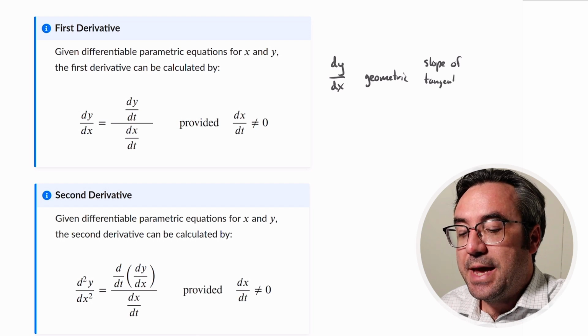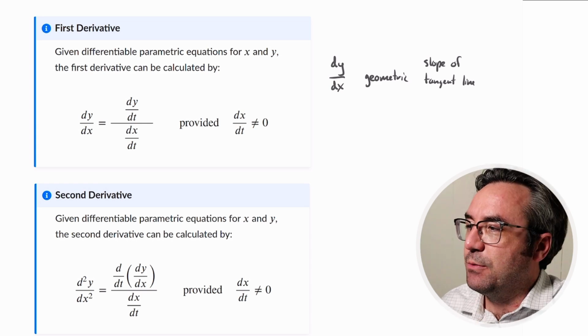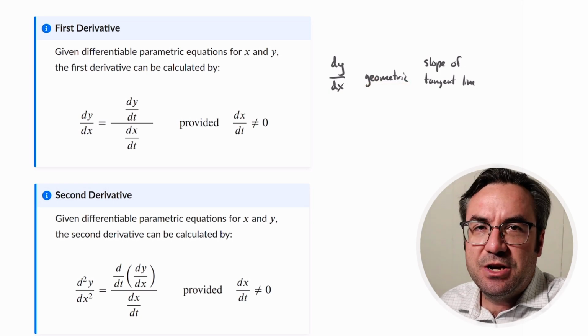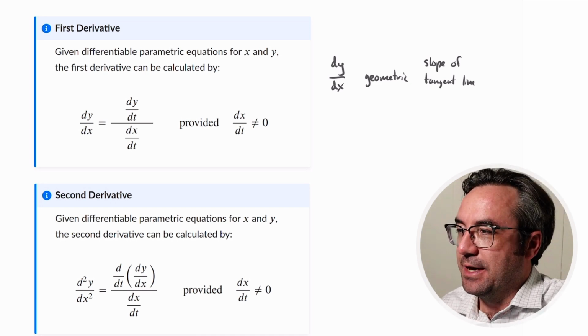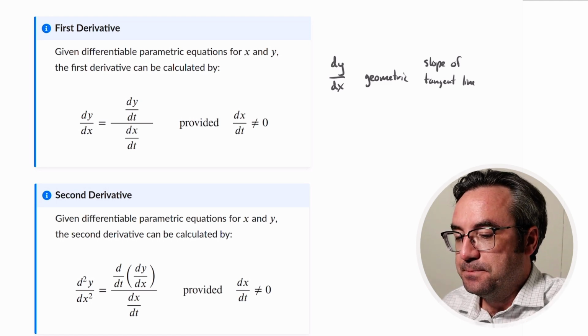That was one of the main initial applications that we saw. We could use the derivative to give us this geometric tool that we're interested in, the slope of the tangent line.